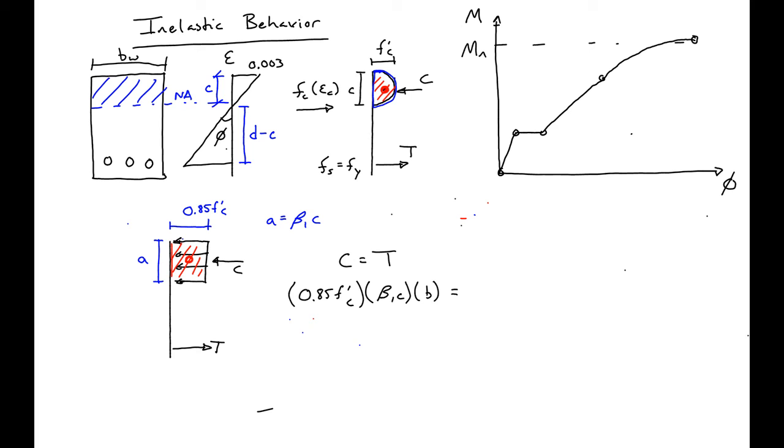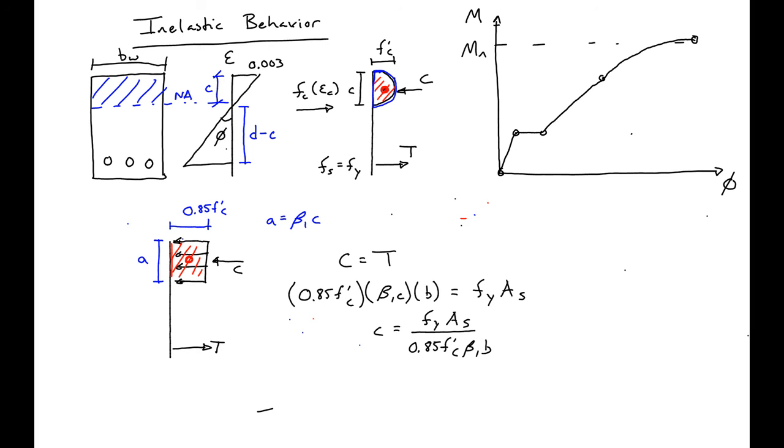And our tension is just equal to the stress in our steel, which we're assuming is yield, times the area of our steel. So then we can solve for the depth of our compressive block. So we'll have our c equal to Fy As over 0.85 f prime c beta 1 b.